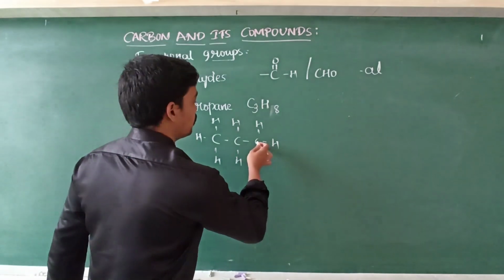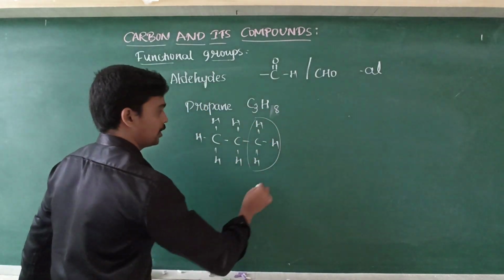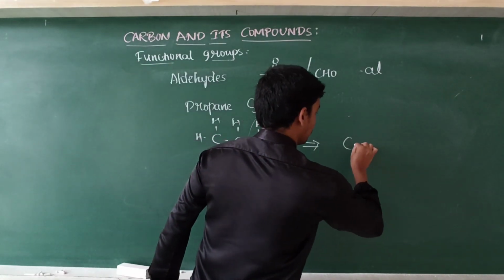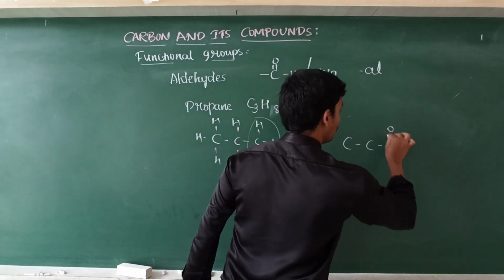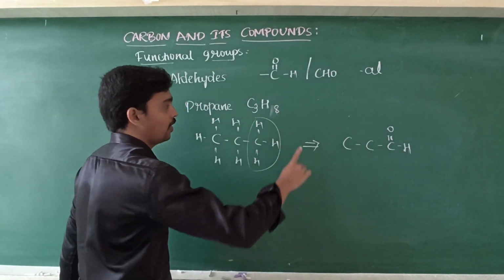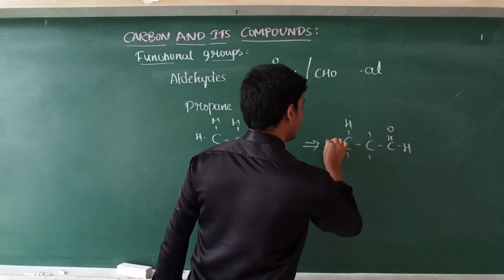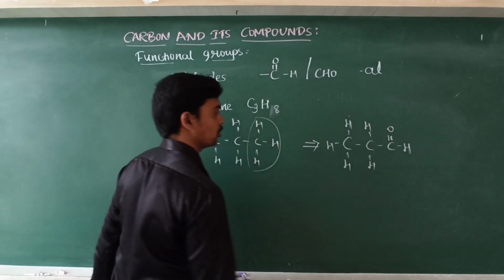Here just remove these hydrogens and it is modified into, again 3 carbons. Just add the functional group CHO and then satisfy the carbons with the maximum number of hydrogens.